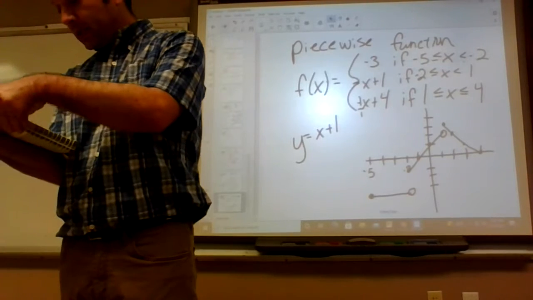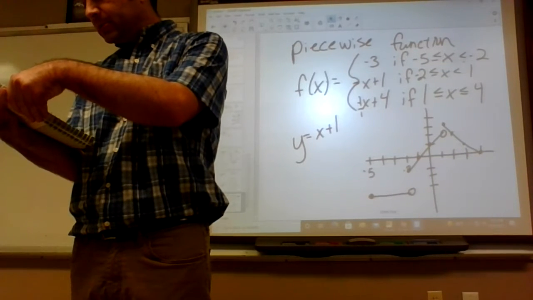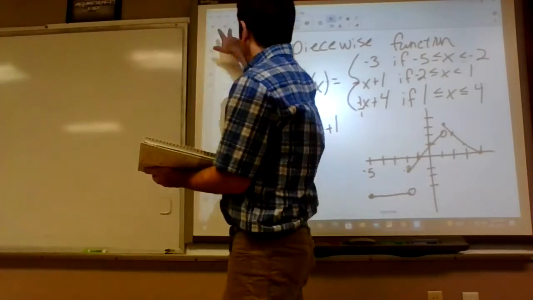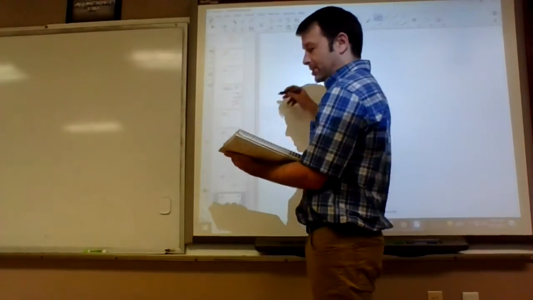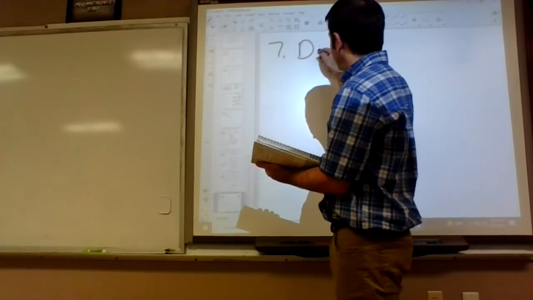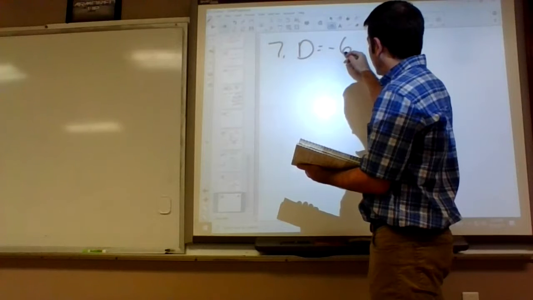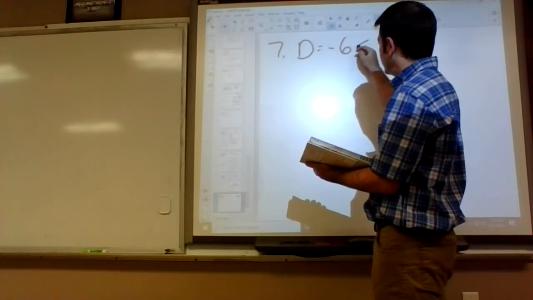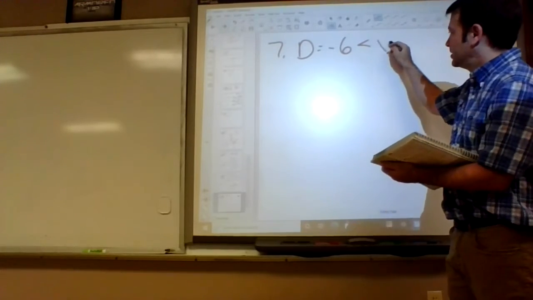It's kind of hard for me to count. -6, right? Okay, so this is how we did it. We said x is running, so domain equals, it's going from -6. Is -6 included? No, because of the open circle, so I'm just going to put less than x.